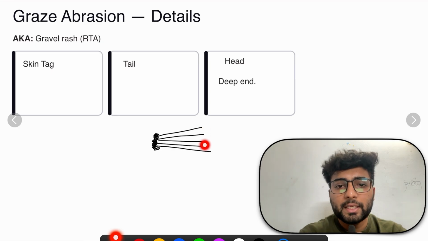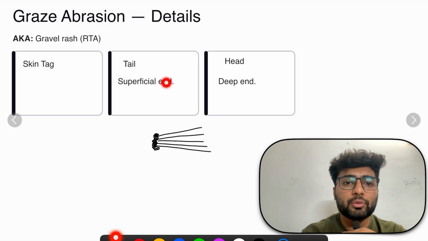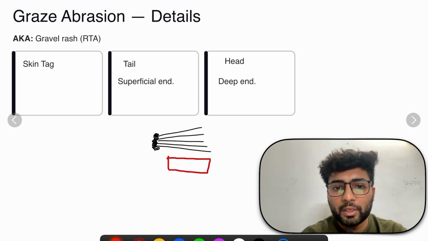So let's say this is the head end. The head end will be deep, and if the force is applied like this or the stretch is in that way, then the tail end will be the superficial end. So head end is deep and tail end is superficial. Let's say here was the intact skin. Whenever there is pressure over here, this entire skin is pushed back at the tail end.